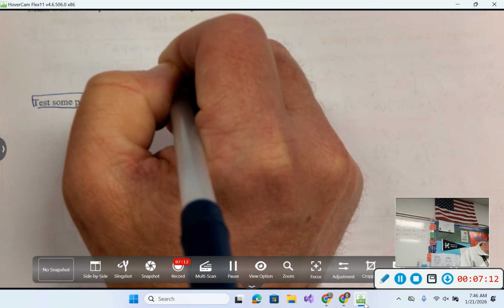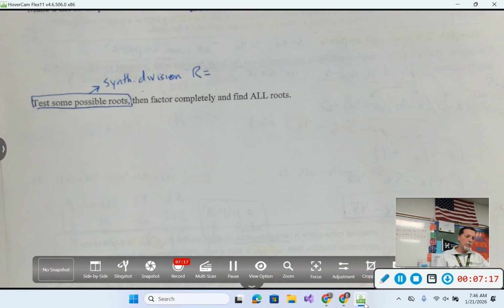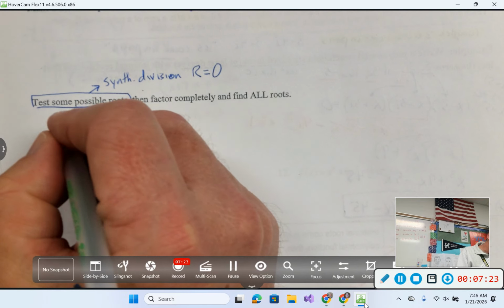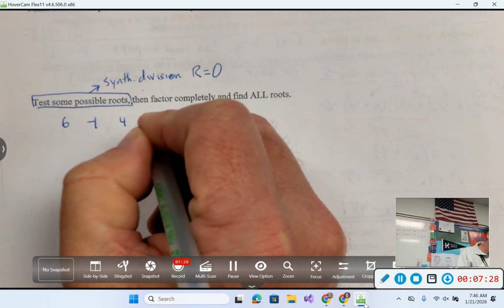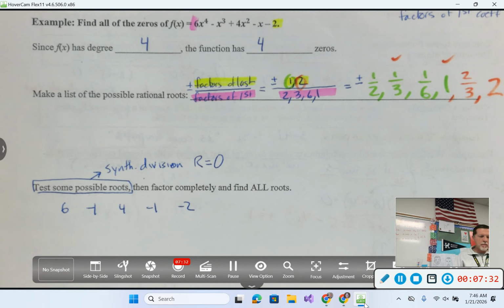And what will we be looking for when we synthetic divide? We'll be looking for a remainder of 0. If the remainder is 0, then we found the factor. So 6, -1, 4, -1, -2. Because I'm using that same polynomial from up here.